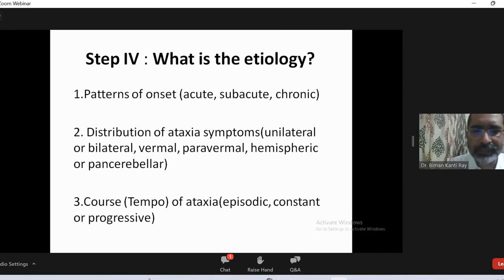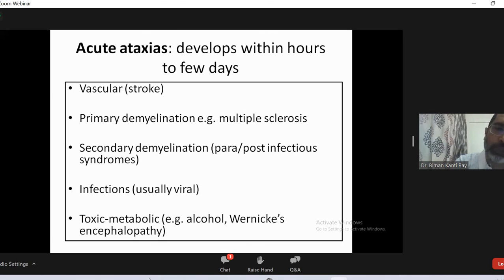As in any case, the most important part to establish the etiology is the pattern of onset, distribution of symptom, and the course of the symptom. It may be acute, subacute, chronic onset ataxia. Distribution, as I have already mentioned, may be in different parts, and the course may be acute, subacute, chronic, or episodic.